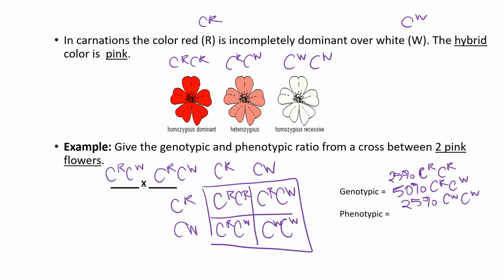In our phenotypic ratio, that means 25% are red, 50% are pink, and 25% are white. So 2 pink flowers, 25% of their offspring are going to be red, 50% are going to be pink, just like the parents were, and 25% are going to be white.